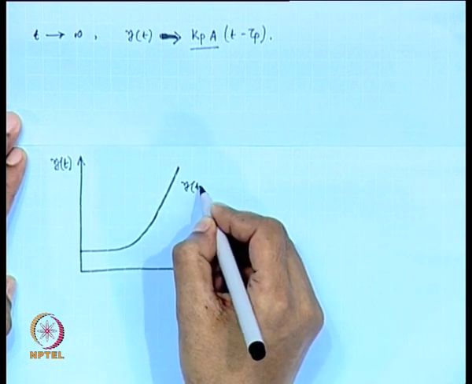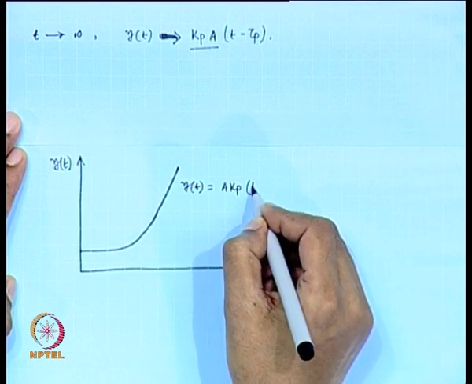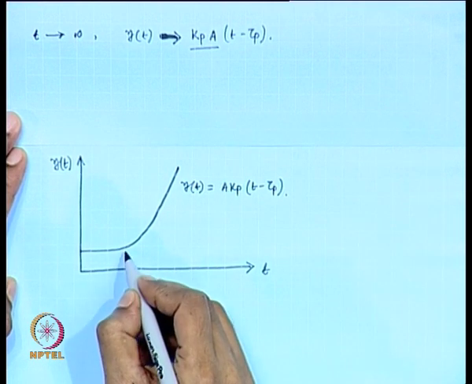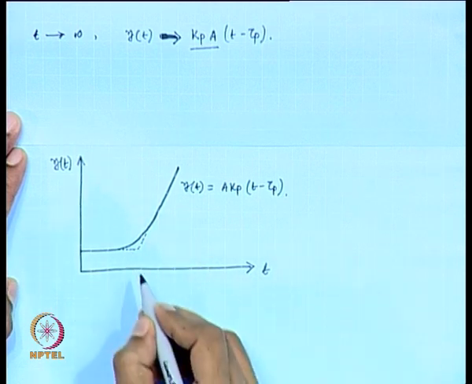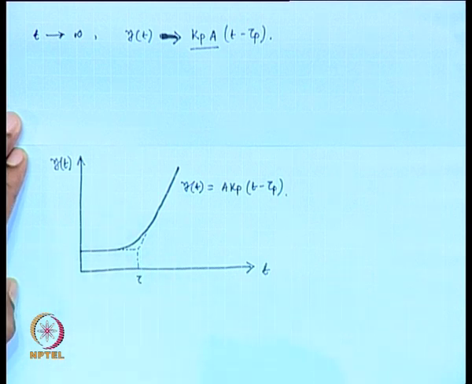This is y(t) equal to A K_p (t minus tau_p). This is the tau, I mean tau_p, this is 0.